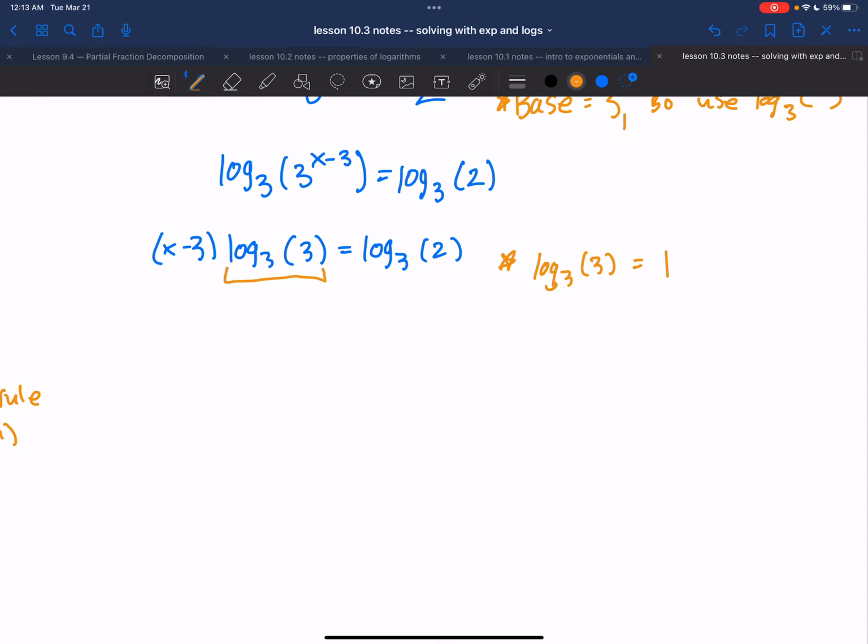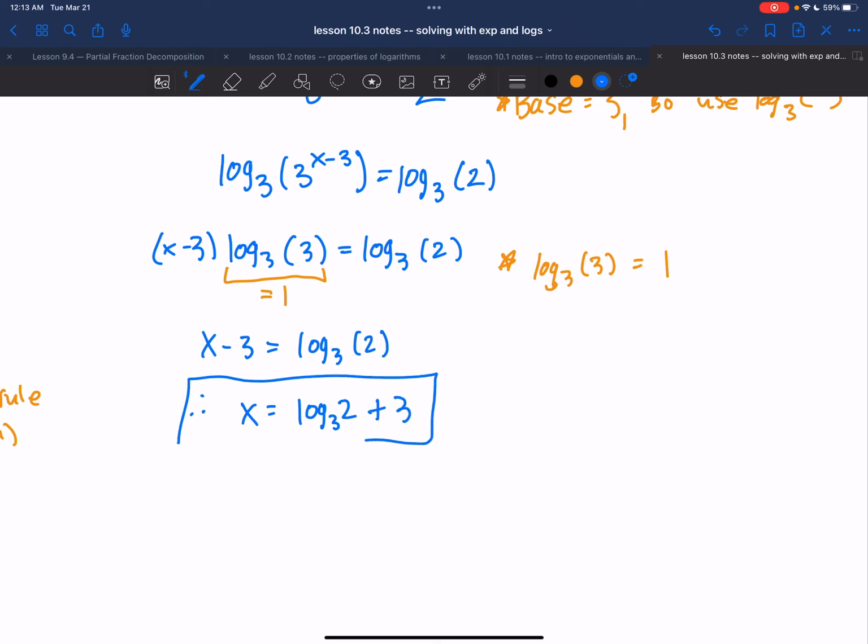So this equals 1, which means you have x minus 3 equals log base 3 of 2. Therefore, x equals log base 3 of 2 added with 3. And that is your answer. Okay?